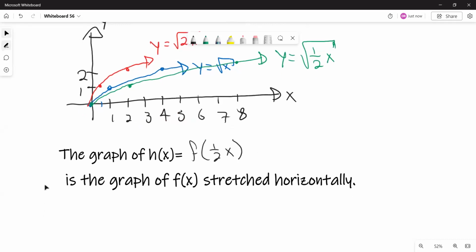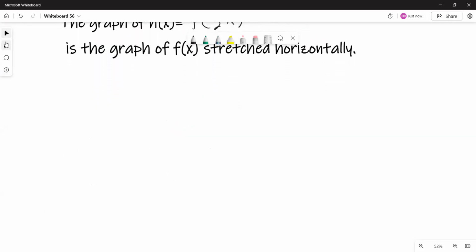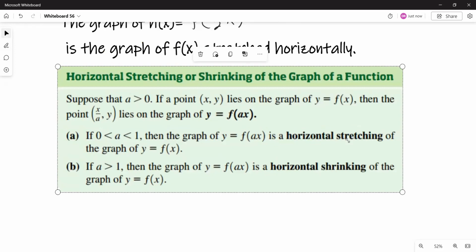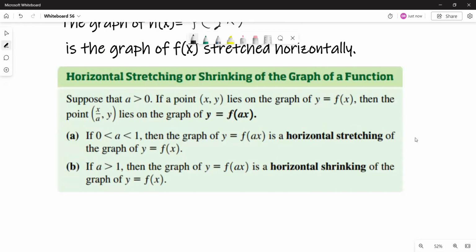And here's the summary of horizontal stretching and shrinking. That's on page 261. So suppose that a is positive.